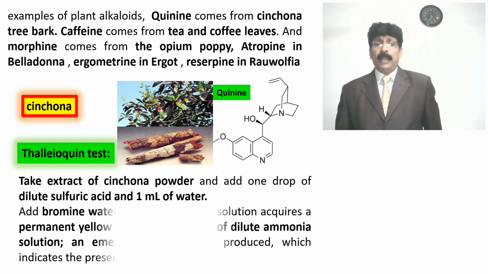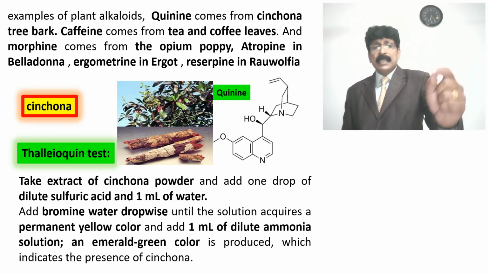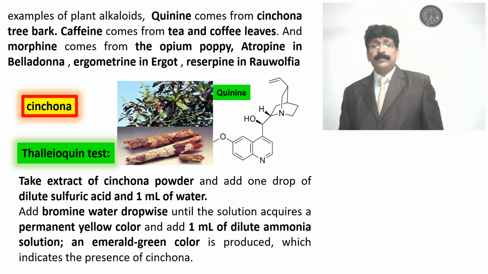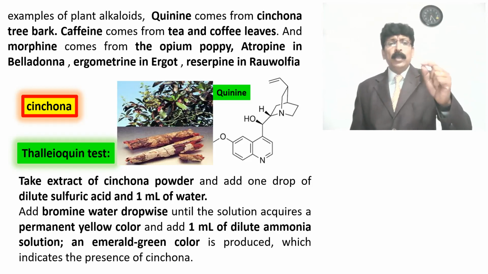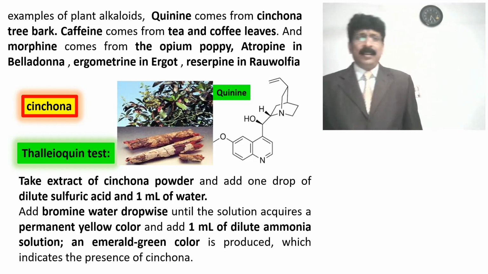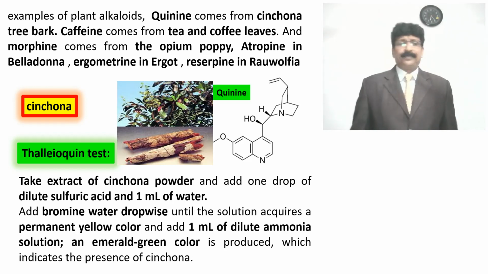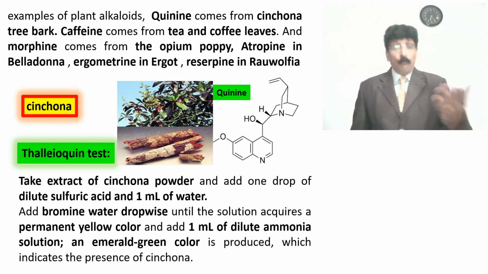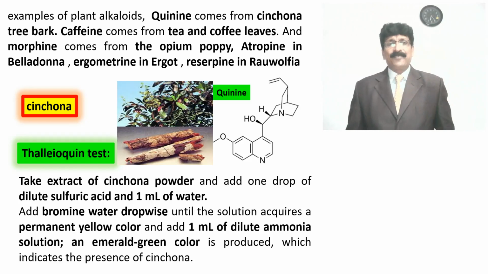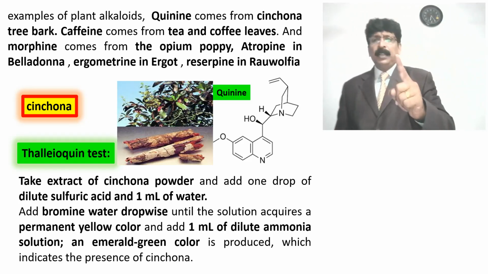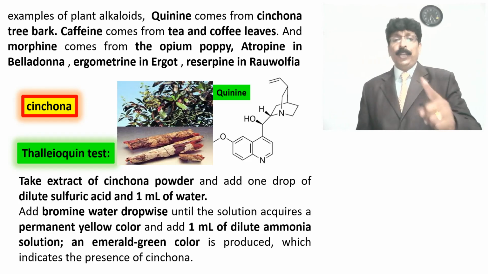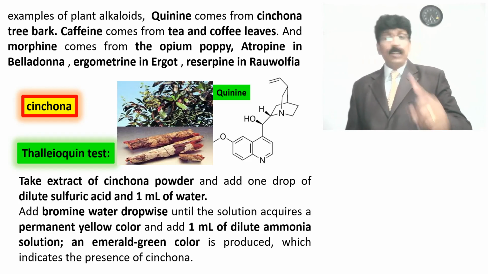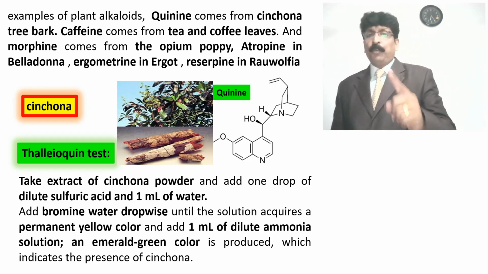Take the extract of cinchona powder and add 1 or 2 drops of dilute sulfuric acid and 1 ml of water. Add bromine water dropwise. It's very dangerous. Bromine water we should add very carefully. It should not spill on your hand or body. You should use gloves, or be very careful when using bromine water.